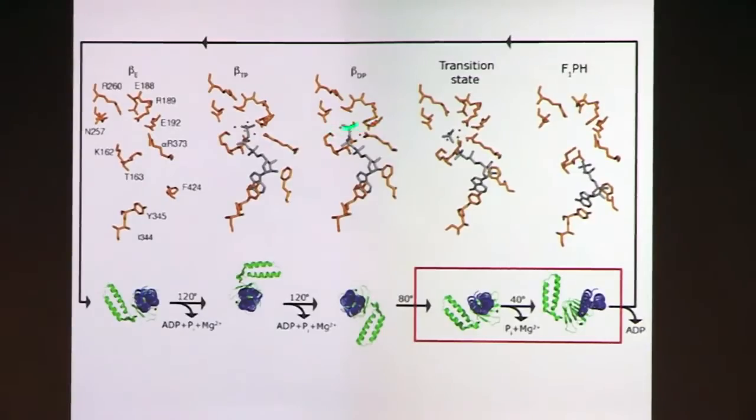And then if we think about ATP hydrolysis, the transition state forms, and we observe this by forming transition state analogues. And then, of course, eventually this bond is cleaved, is hydrolyzed, phosphate is produced and is released.